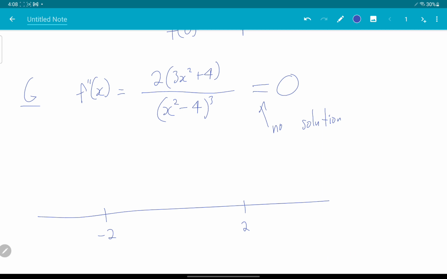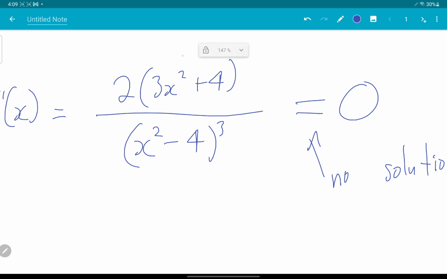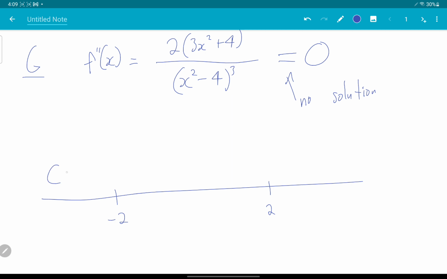So we're doing concavity using test points. So plugging in the number over here, so negative 3, what are you going to get? Notice that the numerator is always positive. So I just need to focus on the denominator. So I plug in, say, negative 3, then I'll get 9 minus 4, which is positive, cubed is positive. So positive over positive. So concave up here.